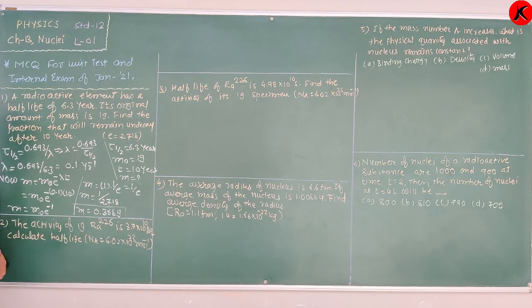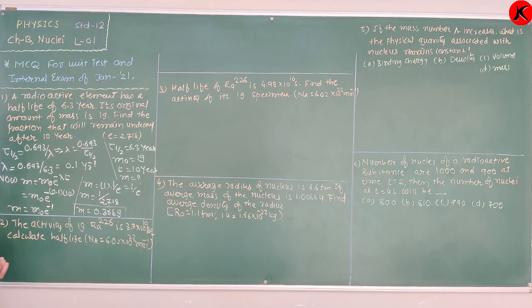Here lambda is required, so first our aim is to find lambda. Tau half, the half-life, is given. The equation relating tau half and lambda is tau half is equal to 0.693 upon lambda. Therefore lambda is equal to 0.693 upon tau half. Substitute the value.